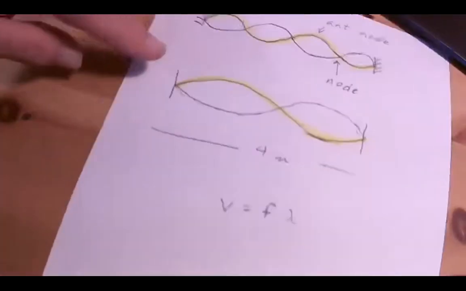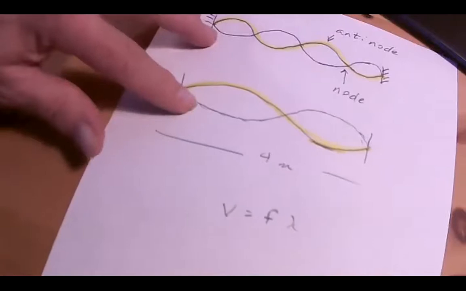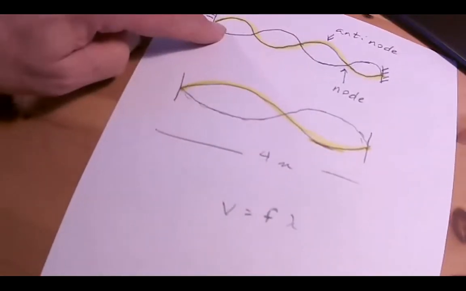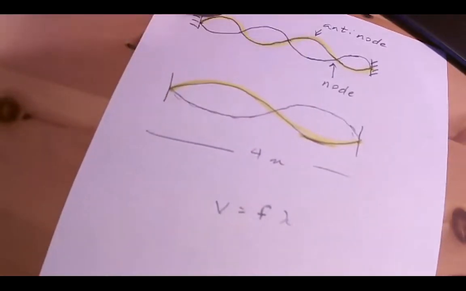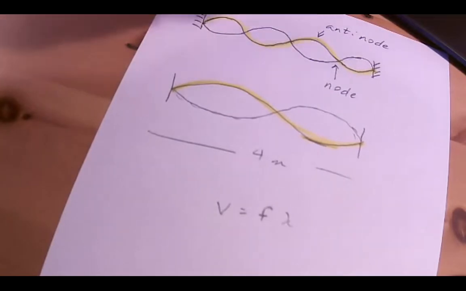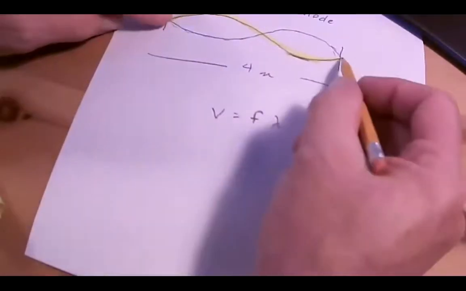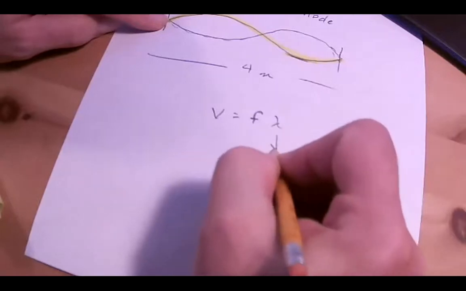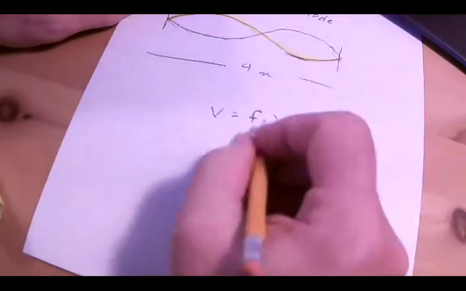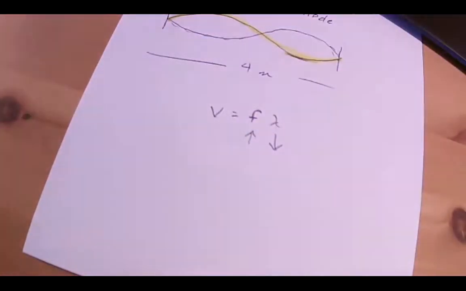In the same spring, the speed is going to be the same. Remember, wavelength doesn't affect the speed. So the speed of transmission here and the speed of transmission here are equal because it's the same spring. But what changes is the frequency and wavelength. If the wavelength decreases, then the frequency must increase to compensate.